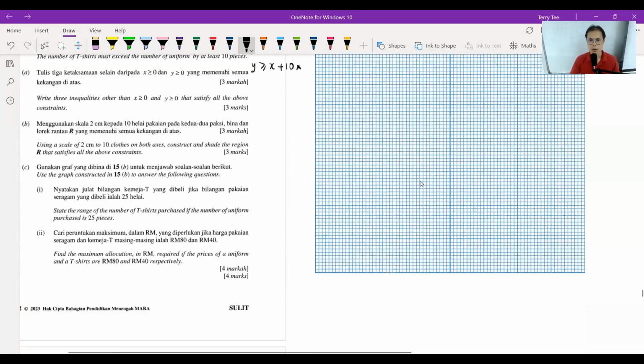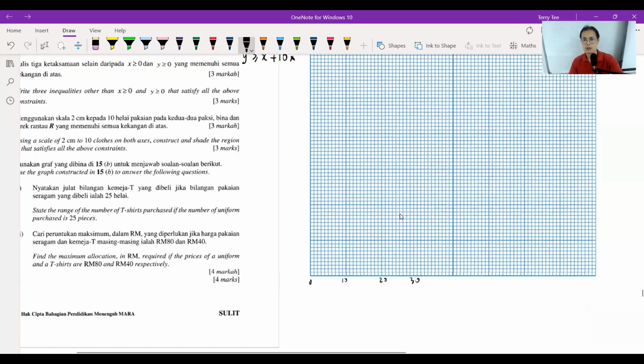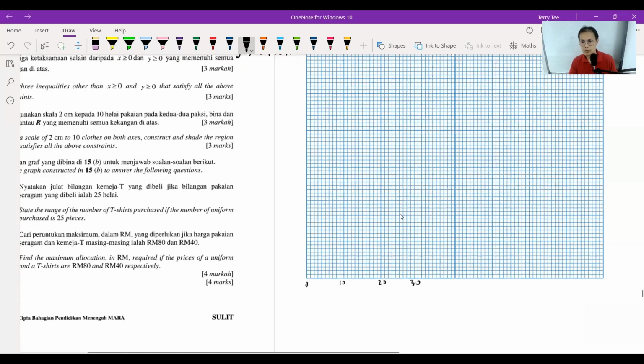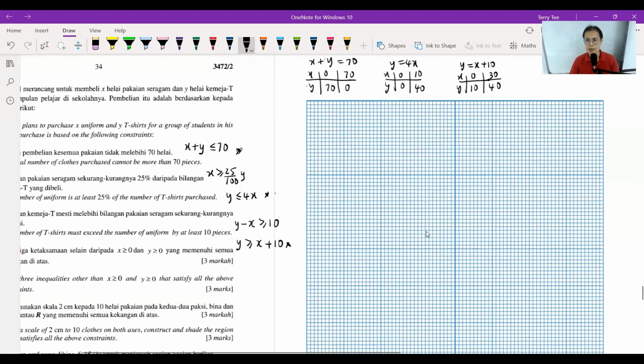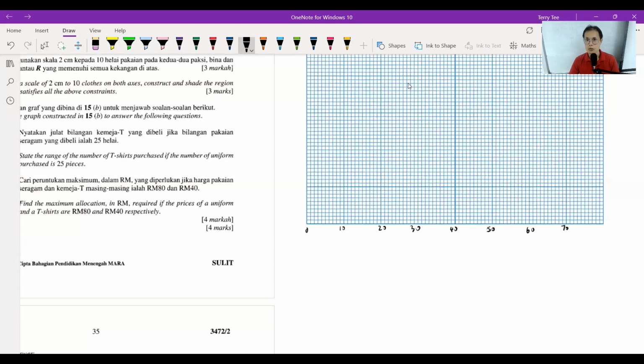So let me put 0, 10, 20, 30, 40, 50. Your maximum, I think no need to go so far. 70 is enough because you can see that the X value is 70 here. The largest is 70. So let's draw your X-axis from here to this side.